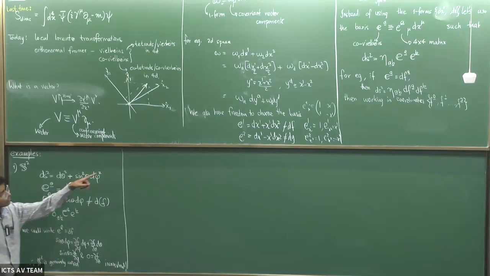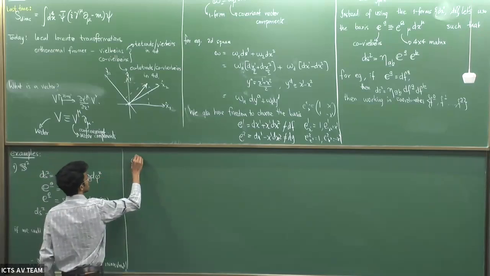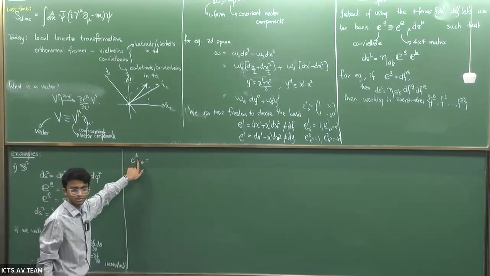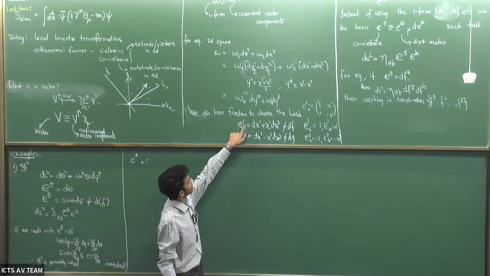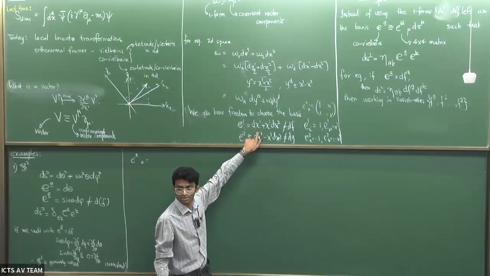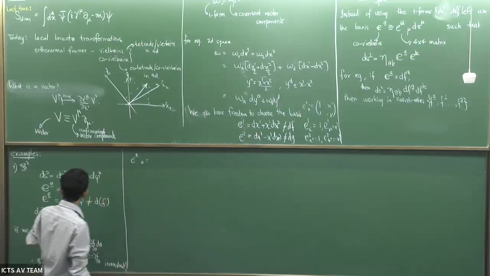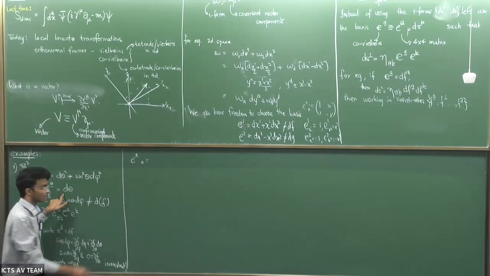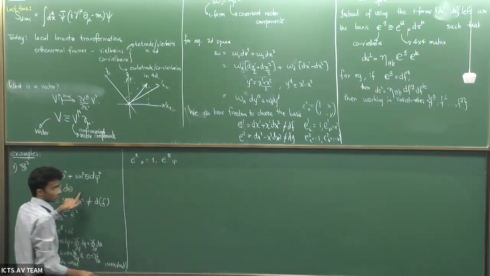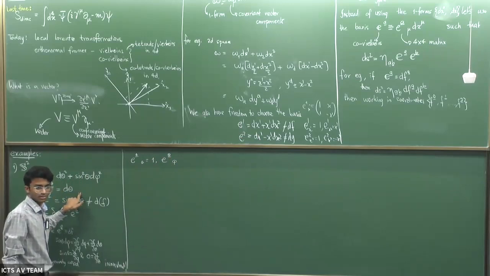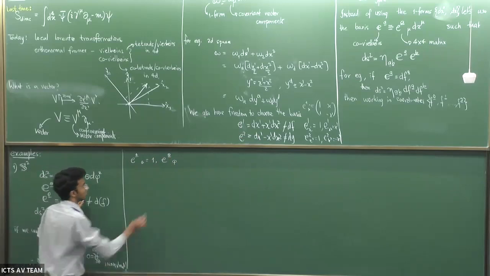Let's write down the 2 by 2 matrix here. So here, for example, what is E theta theta? This is why I put the bar. You see, because E theta is a basis form, now I can take the components of that. E1 is a form. I can take the component of that in the x1. So E theta theta is 1. E theta phi is 0. There is no d phi. These are the components of that one form.